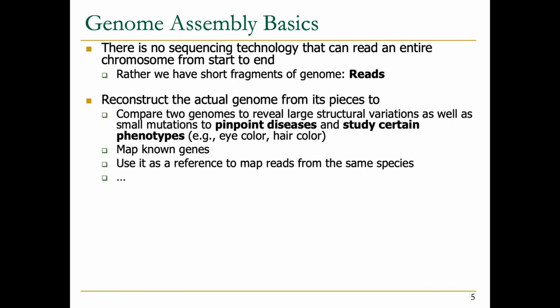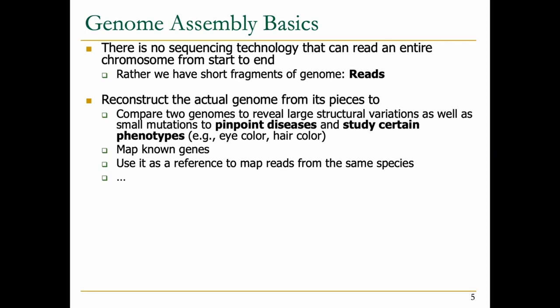So we reconstruct the actual genome from its pieces, from its reads, because we want to achieve certain goals related to biology and medicine, etc. For example, we want to compare two genomes to reveal some variations between them, such as structural variations and mutations, because we want to pinpoint diseases and certain phenotypes.